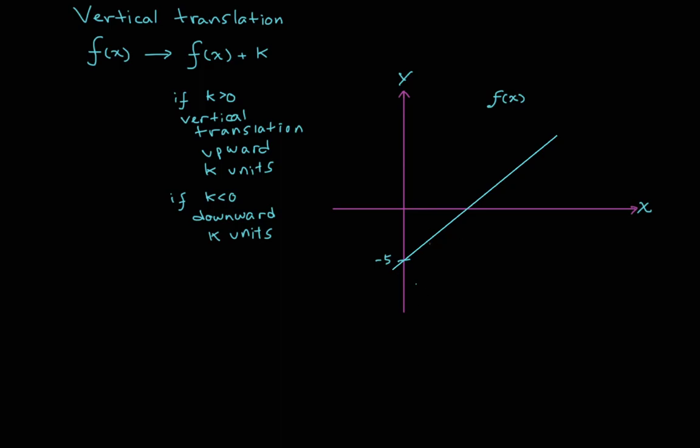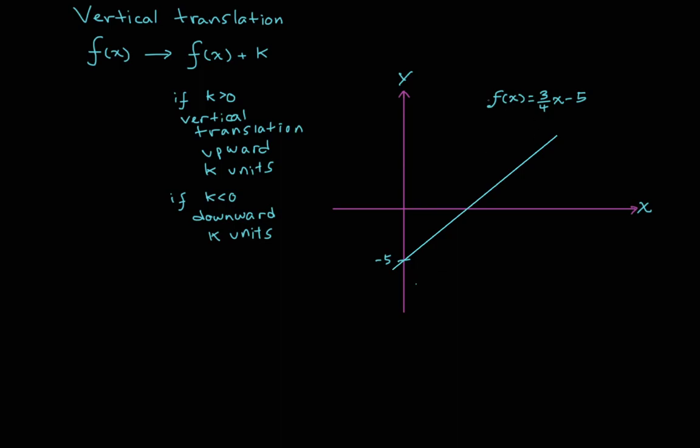And let's say that its slope is a little less than 1. So we'll say maybe 3/4. So 3/4 x minus 5. Okay, well that would be the equation of our line.